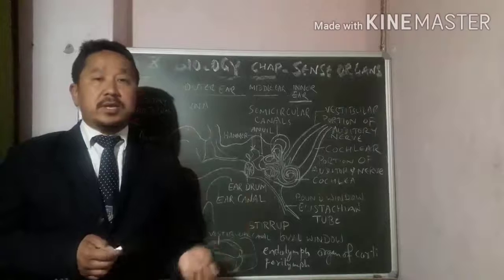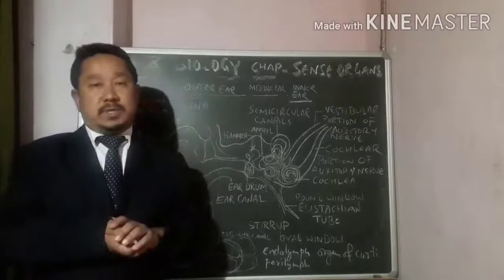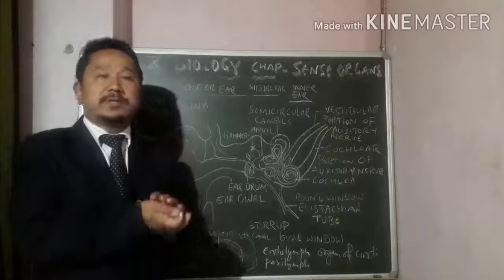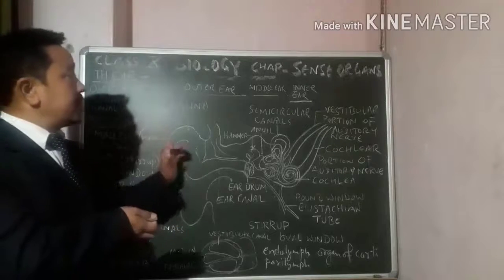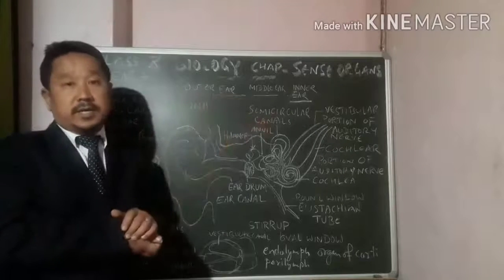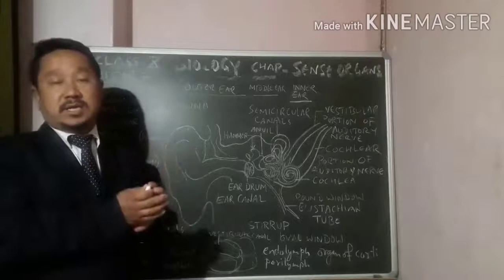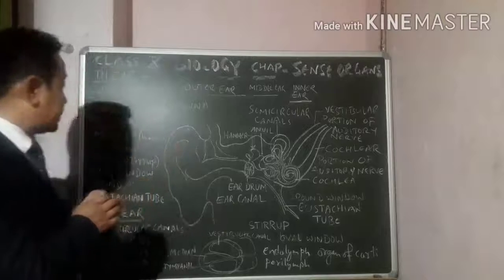So hearing, how do we hear? How does the sound wave travel from the external ear to the inner ear, and how is it perceived and analyzed? See, it is like this.